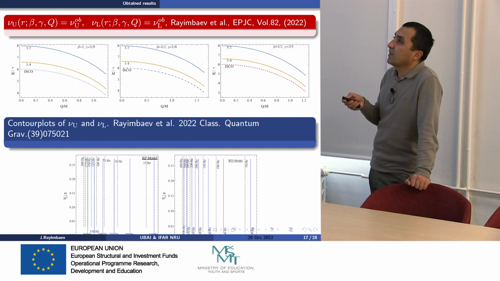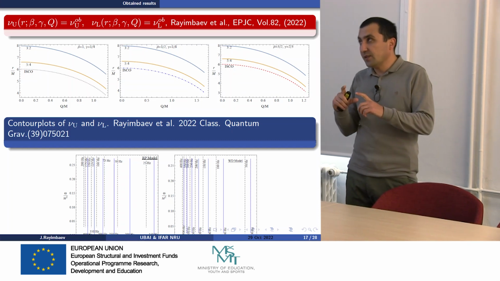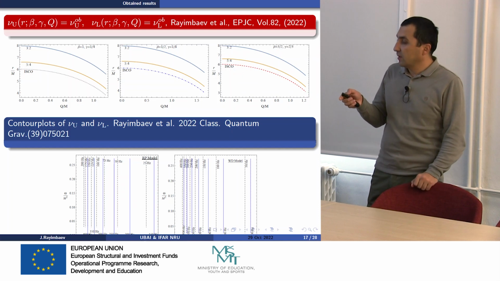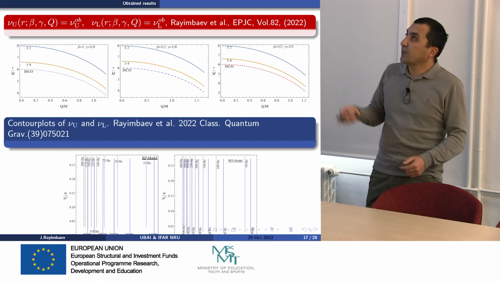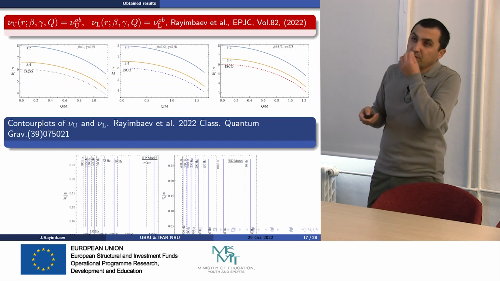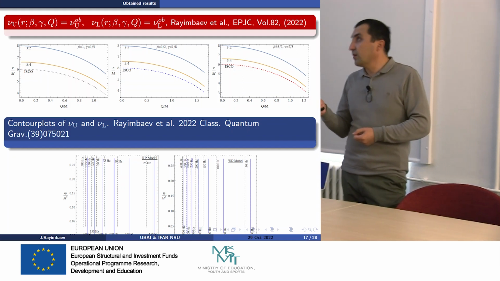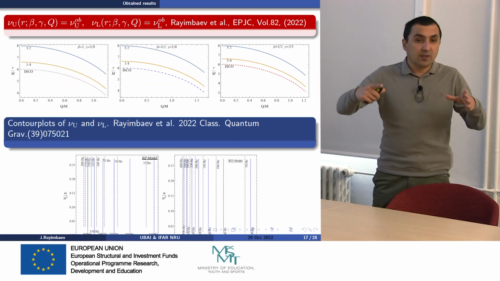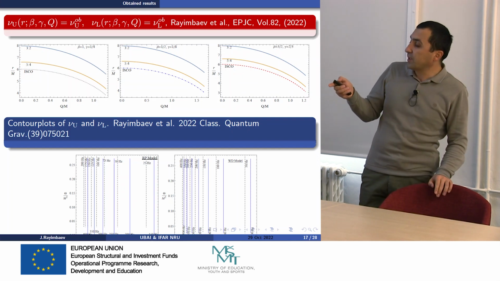It is the same as the ISCO, and as the QPO ratio decreases, close to 1, the QPO orbits come close to the ISCO. From this point of view we can measure the ISCO orbit, the innermost circular orbit at the inner edge of the accretion disk, using QPO analysis.